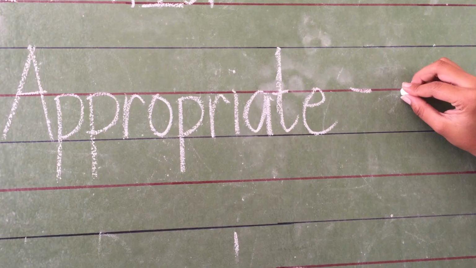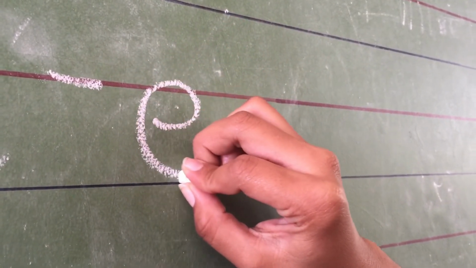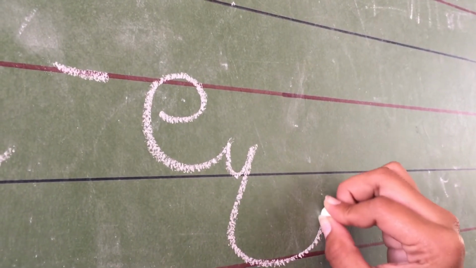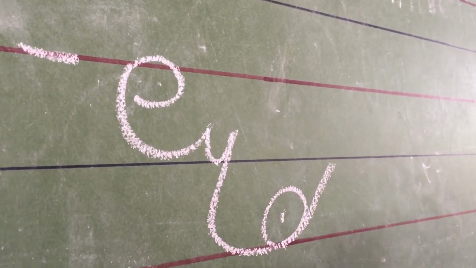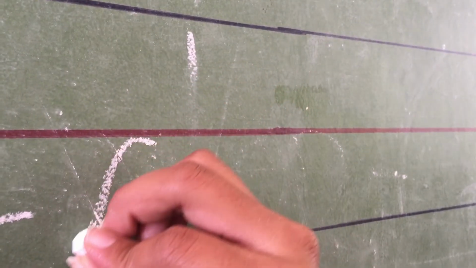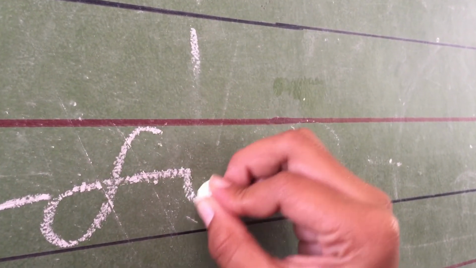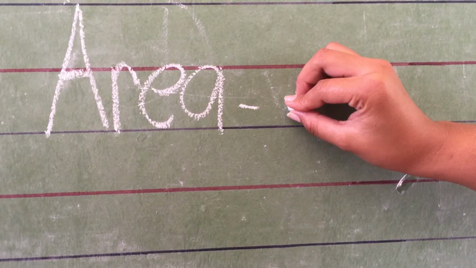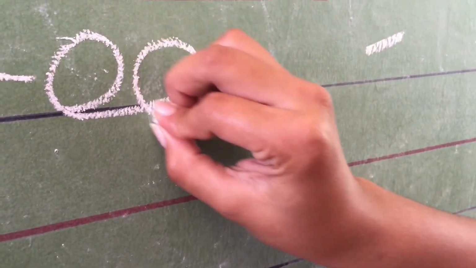Appropriate, represented as A, P, R, O, P, R, sounds of IA, and T. Piano, represented as P, sounds of IA, N, and O. Area, represented as A, R, and sounds of EA.